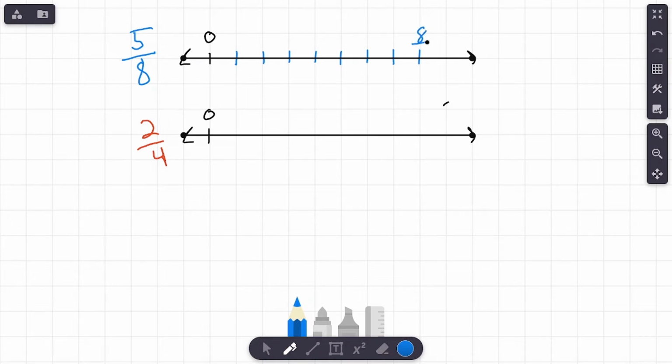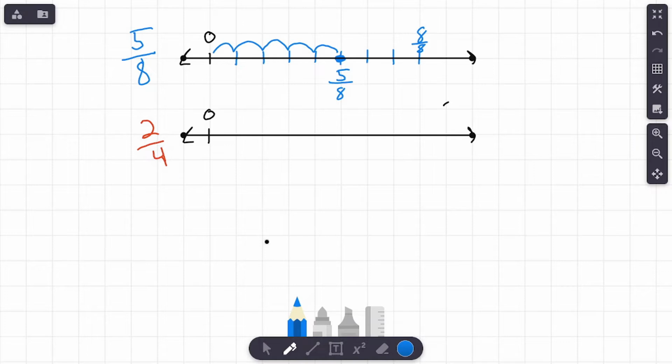We're looking for 5/8 though, so that would be 1, 2, 3, 4, and 5. So we would be right here on this number line. I will write it underneath it. There is 5/8.